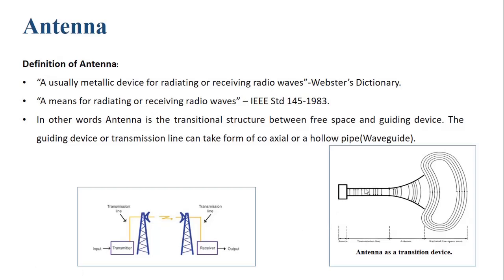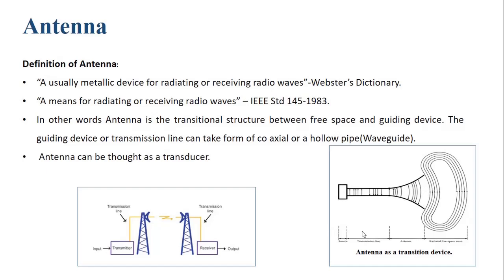This is the transmission line which is carrying the signal. Via the antenna, the signals are transmitted into the free space. So antenna acts as a transition device between the free space and this transmission line. This transmission line can be a coaxial cable or it can be a waveguide.